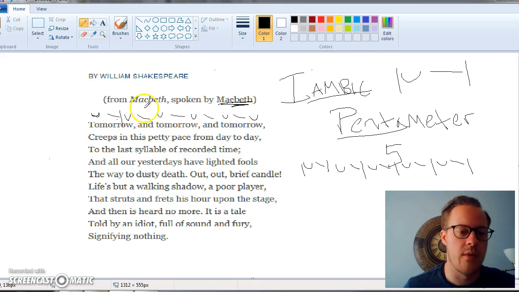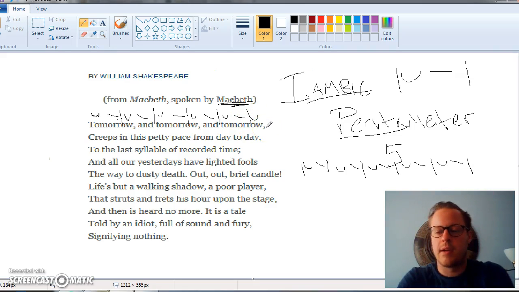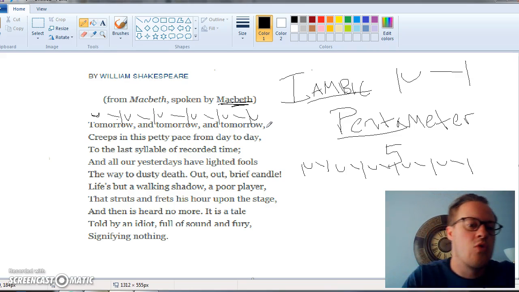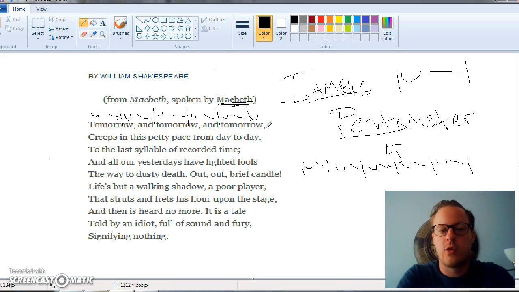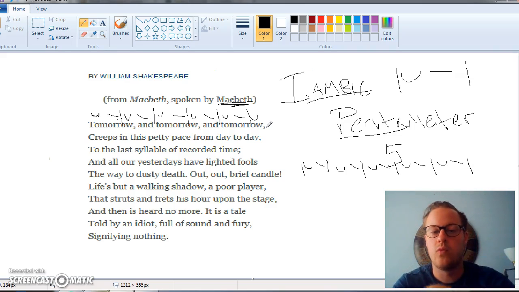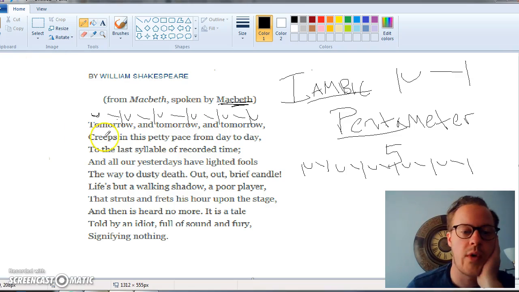So the main thing that we want to look at are these feet here. And so that tells us something very interesting about this speech. So normally when you would read this, you would want to say "tomorrow and tomorrow and tomorrow." But when we look at where the stresses are, where do the stresses fall?